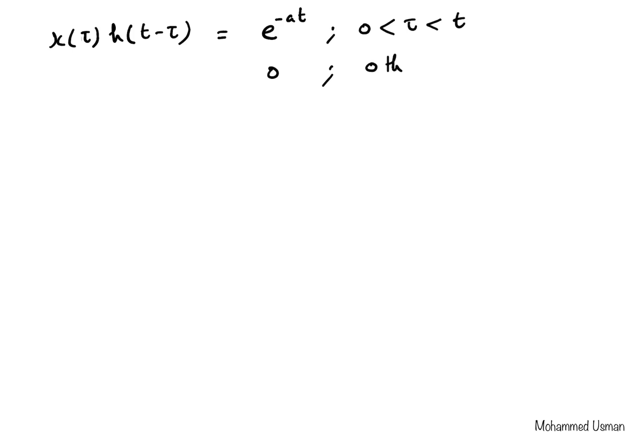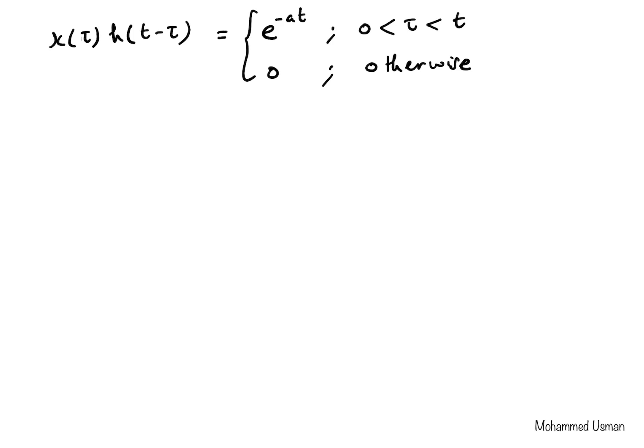So therefore we can write x of tau into h of t minus tau is equal to e power minus a tau for tau between 0 and t, and 0 for all other values of tau. Okay, so we have this notation for this product.